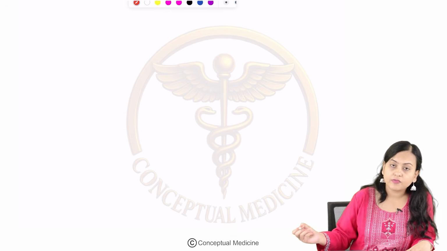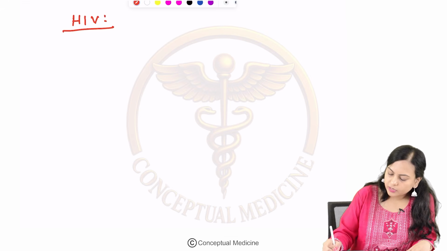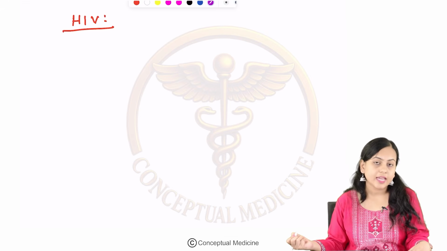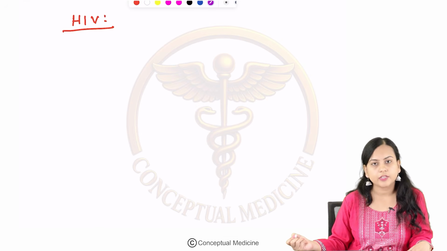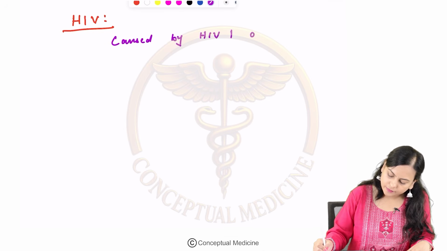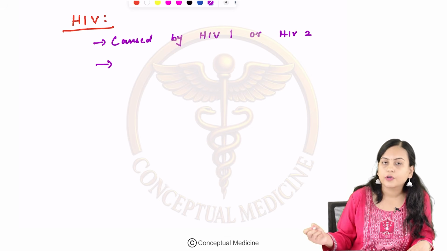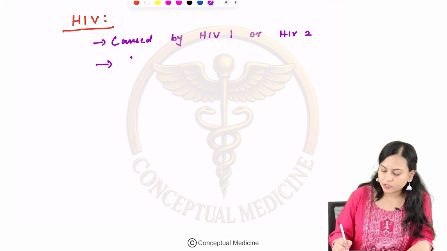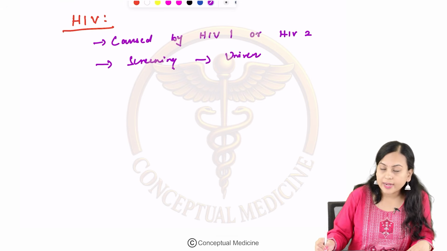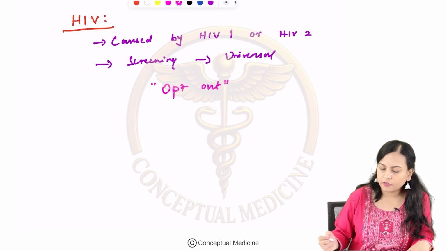And then we'll see about the HIV infection, human immunodeficiency virus infection. Now we all know this can be caused either by HIV-1 or HIV-2, and we are going to screen for HIV infection also universally, but you can give an opt-out method for screening of HIV.